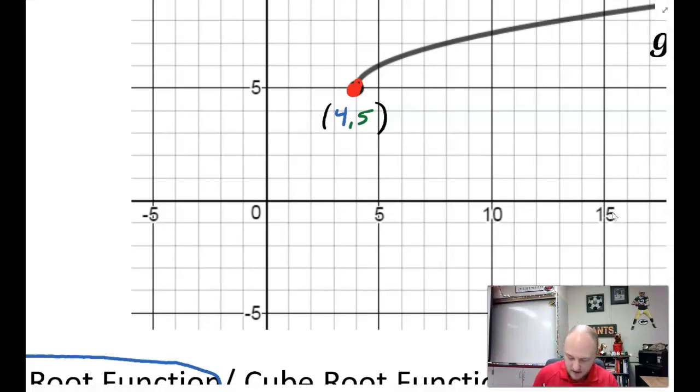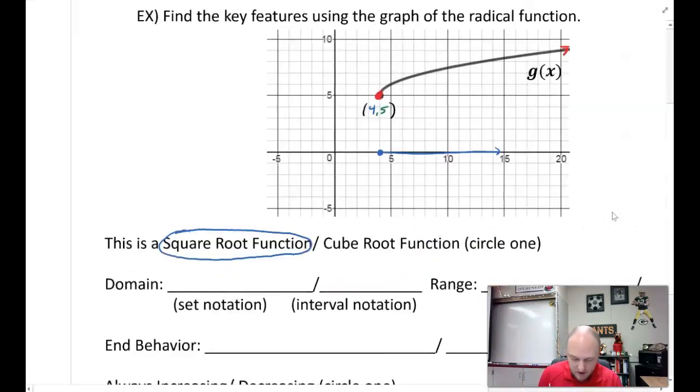If we're talking about domain values, the domain starts here at 4. We're including 4 because I do have a point at 4. And then all of the x values for this function continue on in this direction. Think of it like a number line: here's 4, and my function's continuing in this direction, going towards positive infinity.